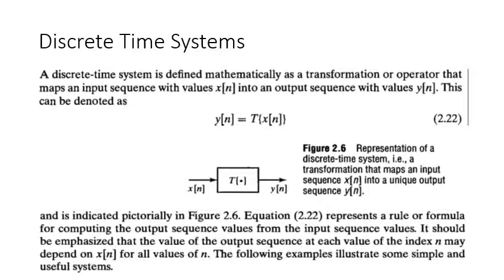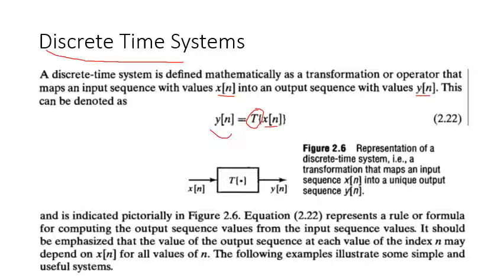So a discrete time system is basically defined as a transformation or operator which maps input sequence values x of n to the output sequence values y of n. So this is the input, this is the system transformation. It could be a scaling system, it could be a delay system, it can be a multiplication system, it can be any type of system, and this is the output.